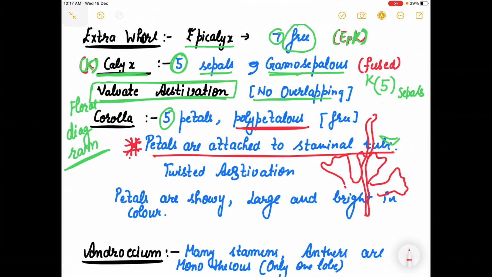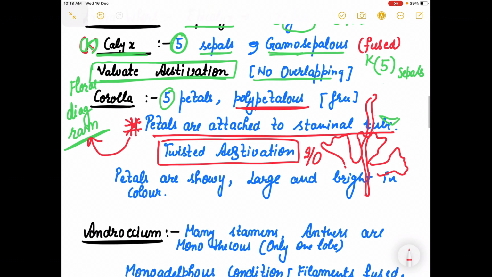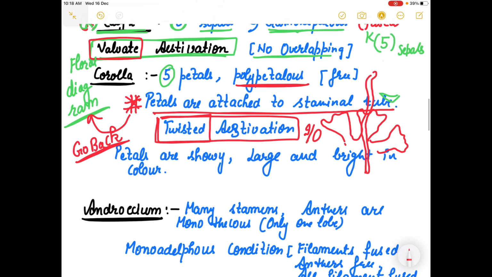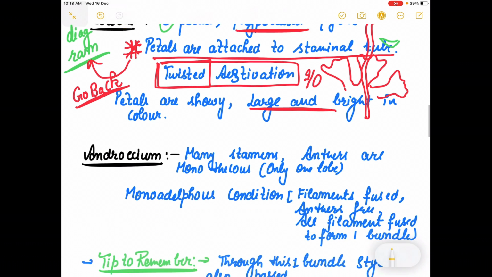This point also helps us to draw the floral diagram. Estivation here is twisted estivation, inside out. Every word is inside out. Again, go back to the lecture and revise it. Only then, if you are not confirmed about the velvet and twisted estivation, you will not be able to draw the floral diagram. Petals, they are no doubt, they are very showy, they are large, they are bright in the color.